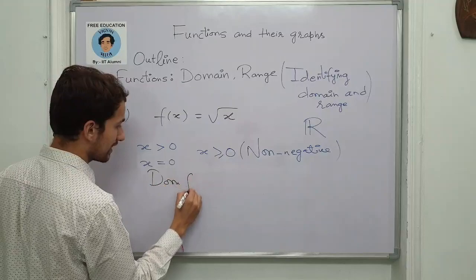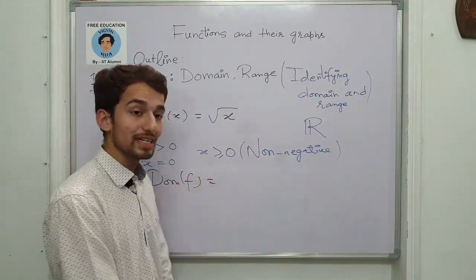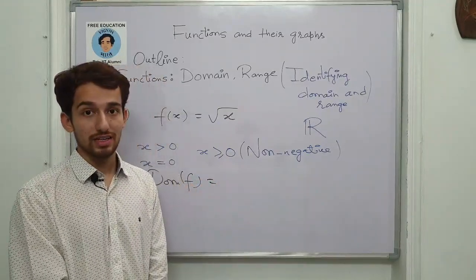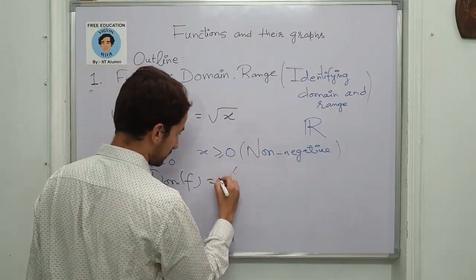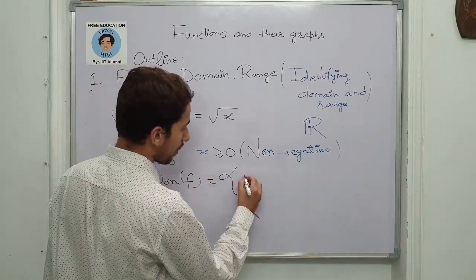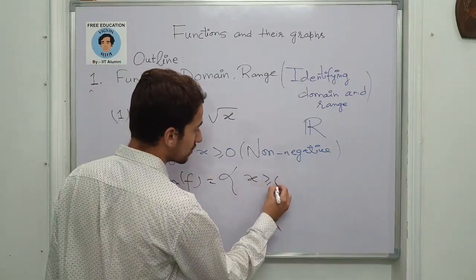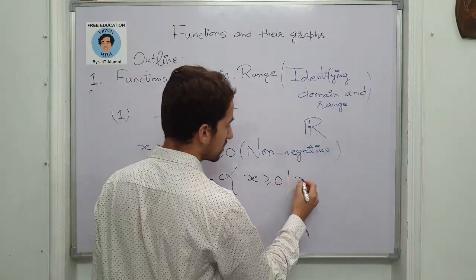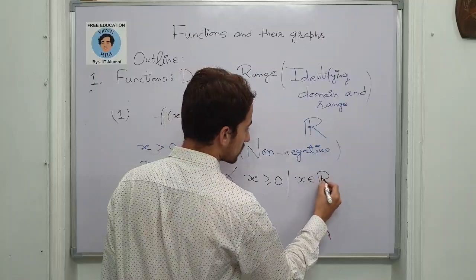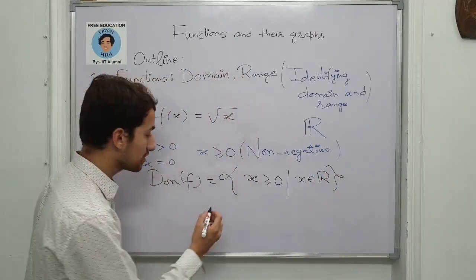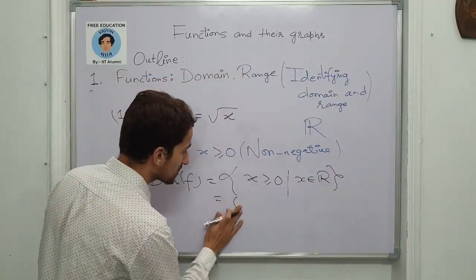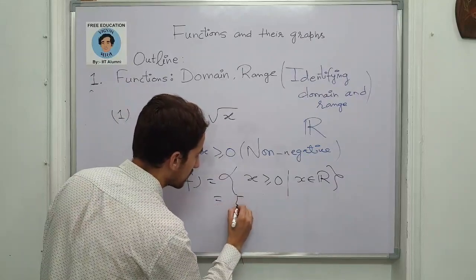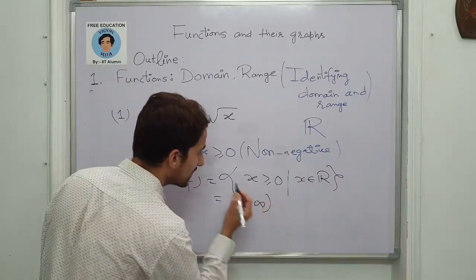I ask you again to pause the video and try to find it yourself. The domain is very simple now. You collect all those x which are greater than or equal to 0. So basically you can choose the domain to be this closed interval. You can include 0 here, 0 to infinity.